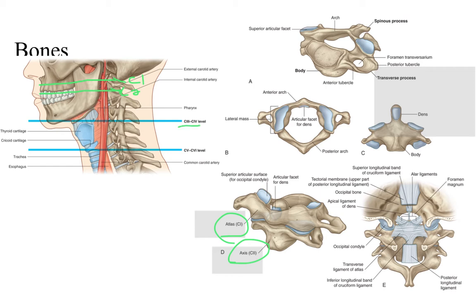C3 to C4 level is your chin, and then C5 to C6 level is just below your Adam's apple here, your thyroid cartilage. And then of course we know that this is C7 right here, so your vertebra prominens, and that's going to fall, of course, below the level of the thyroid cartilage, the level of the larynx, if you will.